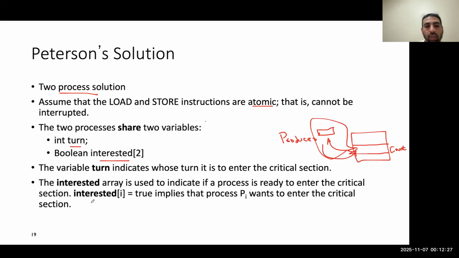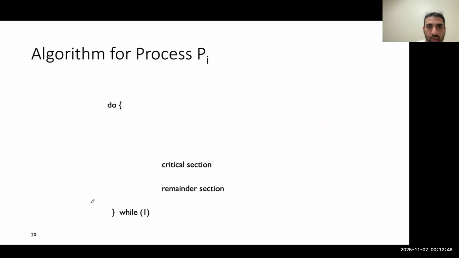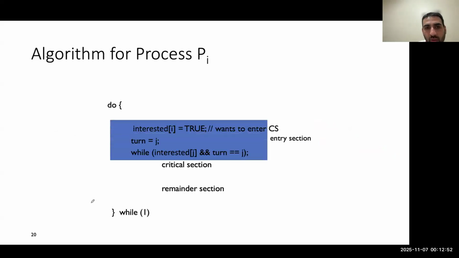You can enter the critical section only if the other process is not interested, or if the other process is interested but it is not its turn, right? Only then can you enter the critical section. So this is what the algorithm looks like from the perspective of a single process.